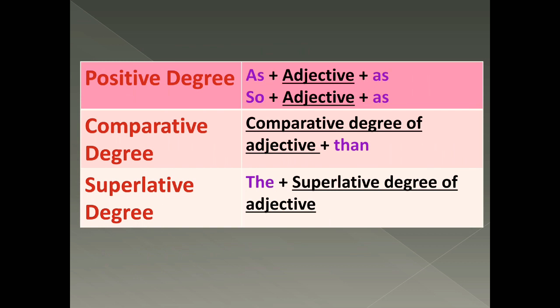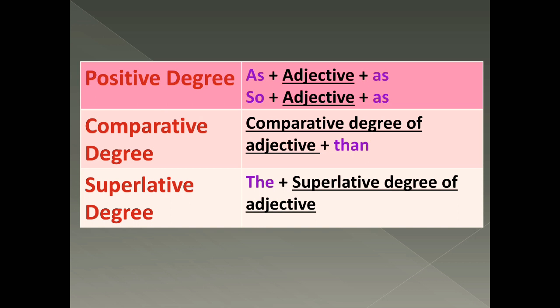"The" plus superlative degree of adjective. So in case of superlative degree, if we see "the" and then we have to fill in the blanks with an adjective, we must use the superlative degree of that adjective.